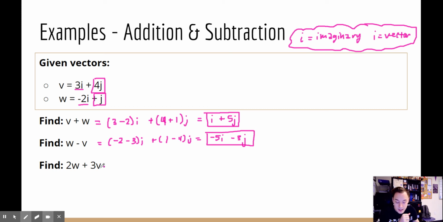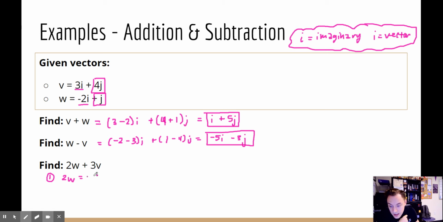Awesome. Now here, the first step I would want to do is multiply and find your 2w. So when I'm multiplying 2w, I just multiply this whole thing.